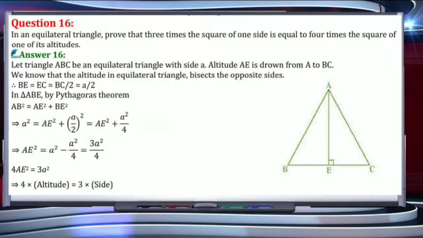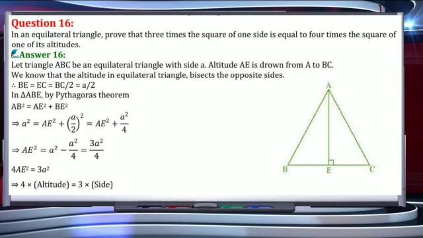Now students, question number 16 is: in an equilateral triangle, prove that 3 times the square of one side is equal to 4 times the square of its altitude. So that means we need to prove that 3 times of AB square is equal to 4 times of AE square.